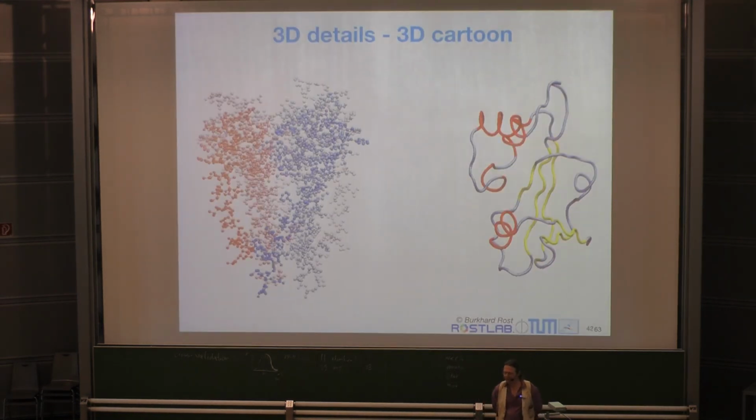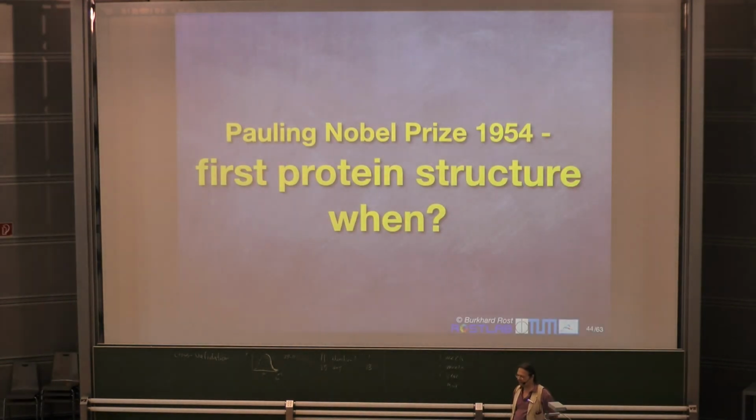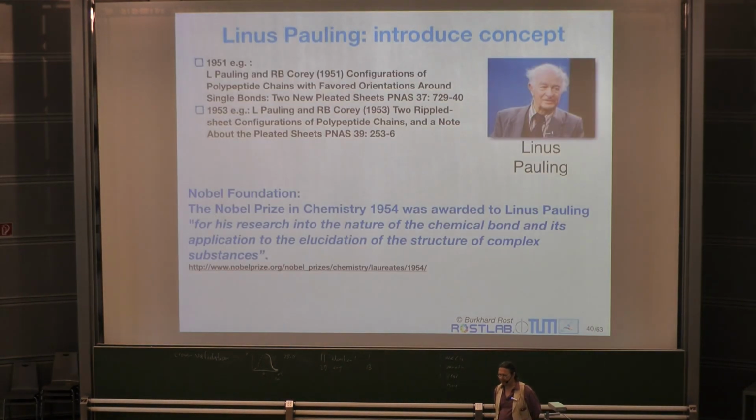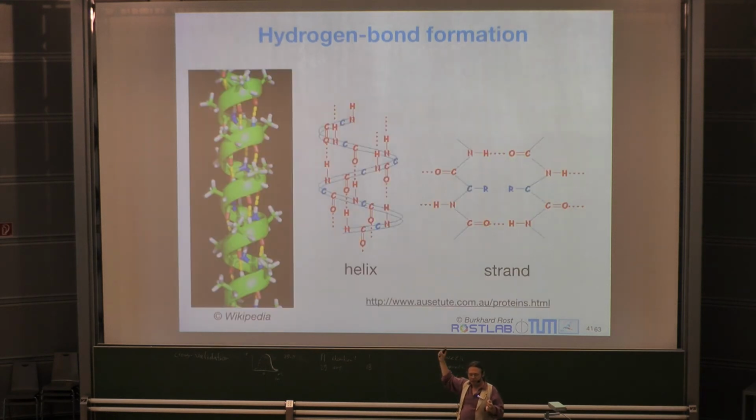And that gets us back to Pauling. Pauling had published a bunch of papers, and in these papers he had pure ideas about how an atom bond is done and how that could lead to aggregation of larger groups. In '51 and '53, he predicted alpha helices and beta strands in a set of PNAS papers that got him the Nobel Prize.